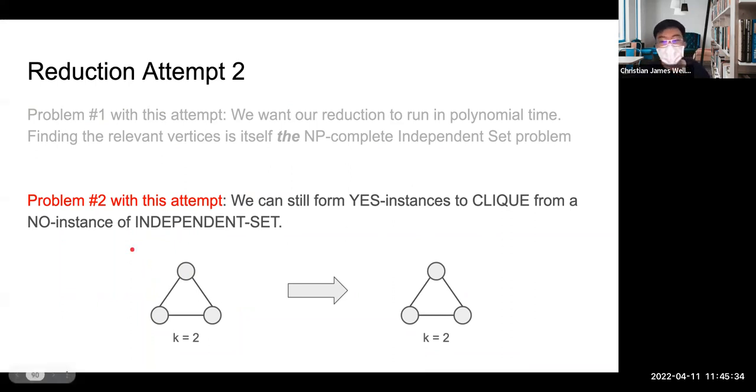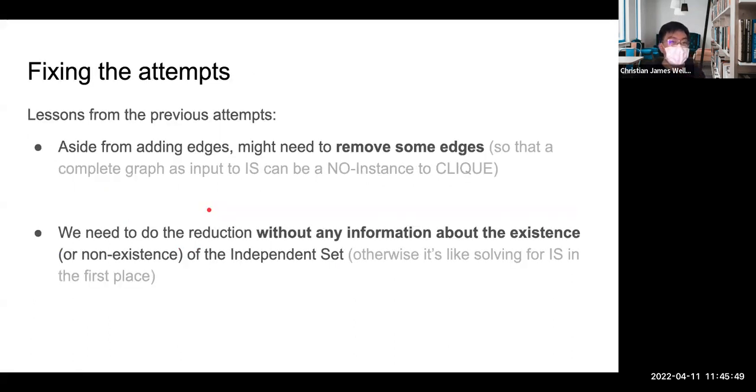Some of you who are fast, like the one who PM'd me, might think, why am I going through all this? I really just want to show examples where reductions fail, and we try to fix it along the way. So some lessons from the previous attempt: aside from adding edges, we might need to remove some edges.